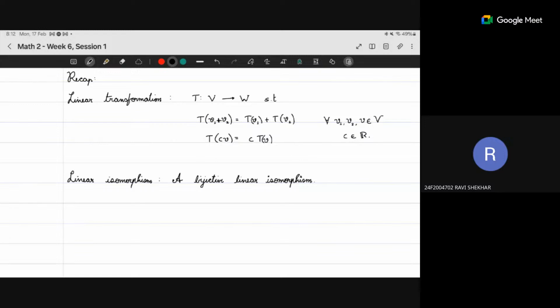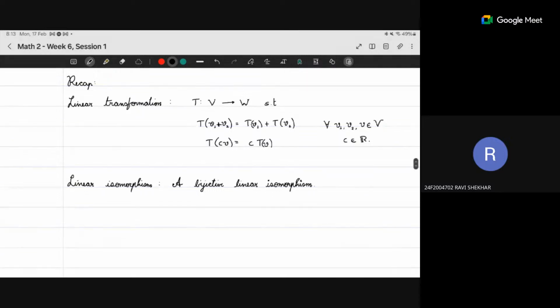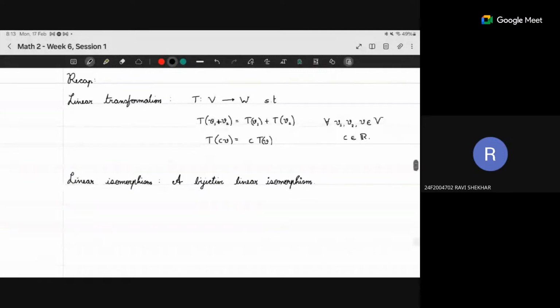All right. So we'll use linear transformation for a general mapping T from V to W, which satisfies these two properties. You must have seen typical examples, right? Let's just write some examples.